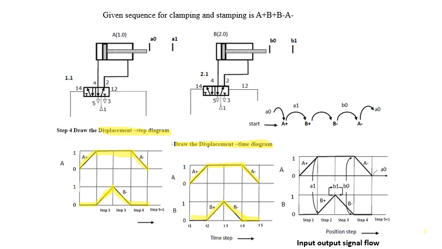Next we have the input signal flow. How will the input signal flow? To flow the signal we have limit switches. For example, A0 and A1 are the two limit switches that indicate the position of cylinder A. The initial condition of cylinder A is indicated by limit switch A0, and when the cylinder moves forward and reaches the end position, limit switch A1 indicates the second position.